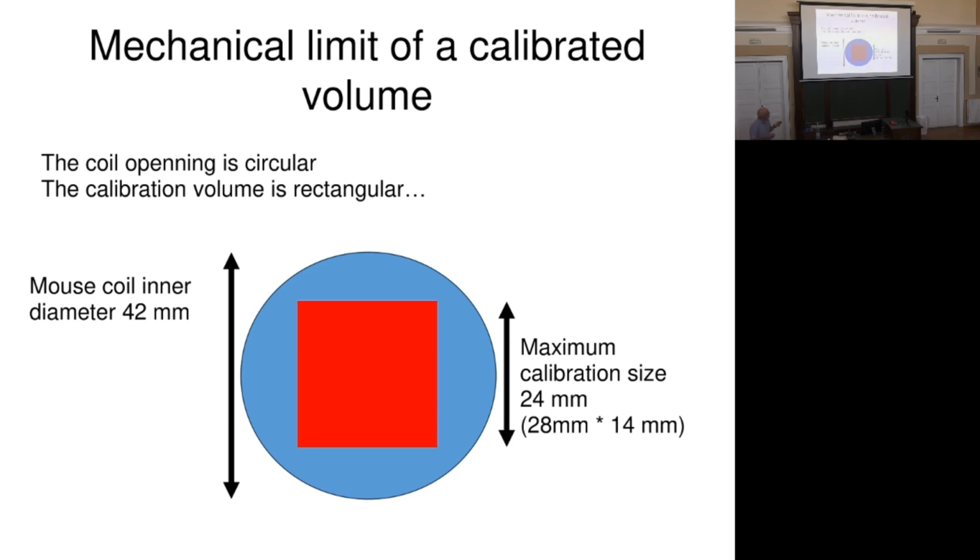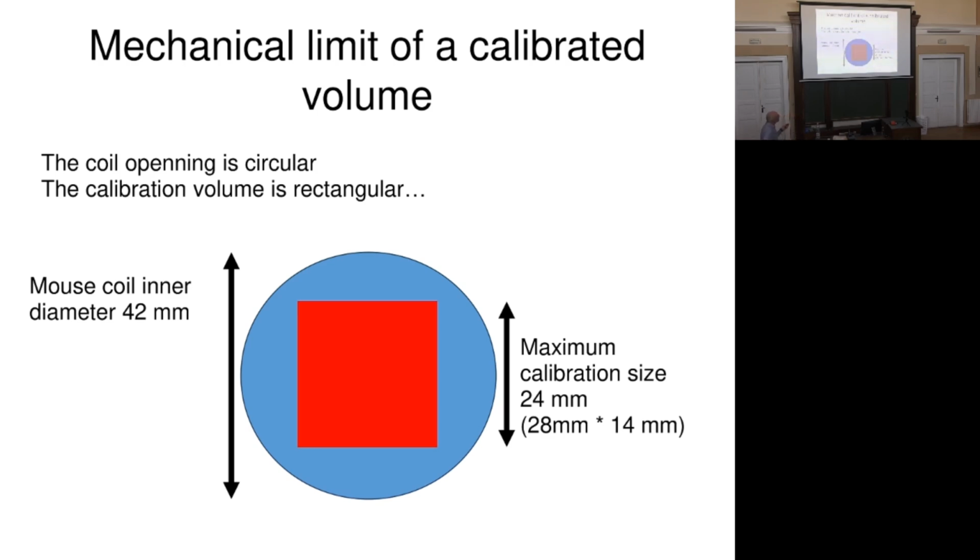If you use a special receive coil, which we have installed in our machine, it has an inner diameter of 42 millimeters, but you need to scan the volume inside.